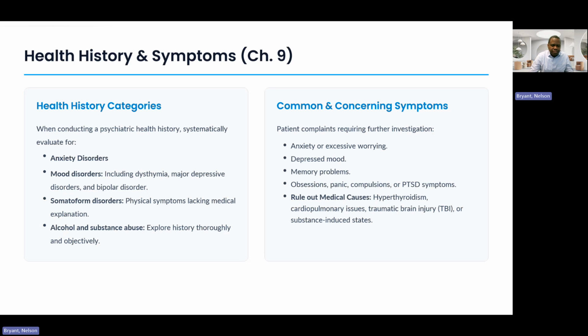Some patients may present with excessive worry or depressed mood, and without screening them properly, these may be confused with memory issues. It's very important to always screen for or consider the underlying medical conditions. It can be TBI, it may be thyroid disease like hypothyroidism too.